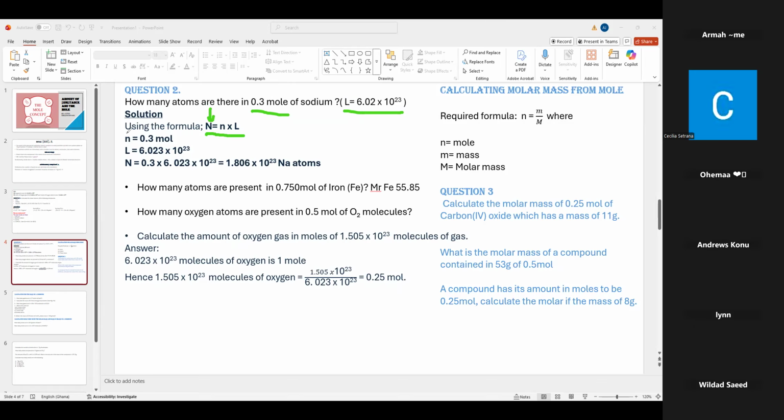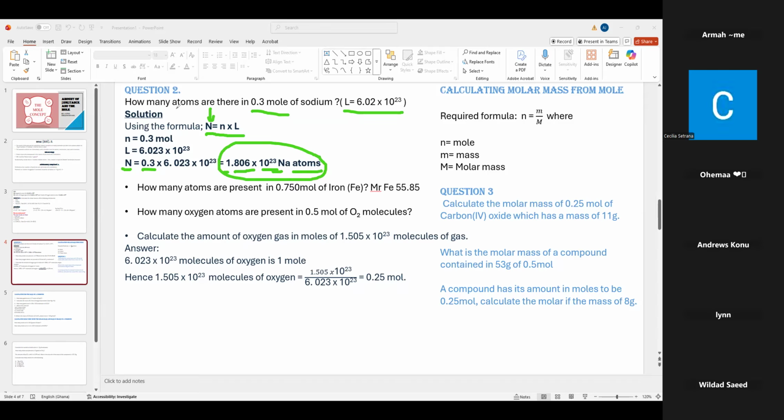So small n is 0.3 mole, capital L is 6.023 times 10 to the power 23. The number of atoms, capital N, will be equal to 0.3 times 6.023 times 10 to the power 23, giving you 1.806 times 10 to the power 23 sodium atoms. That is your final answer: sodium atoms.